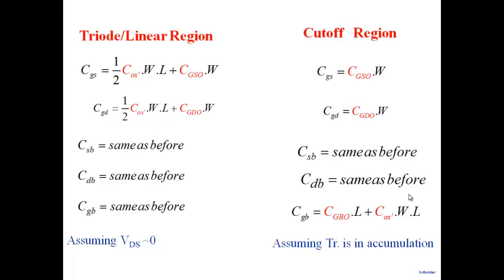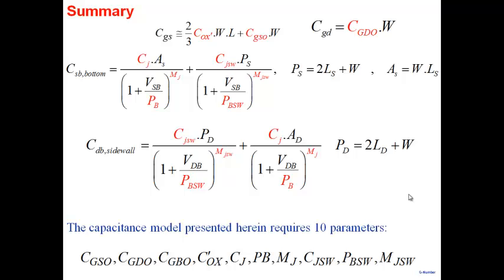Our transistors would be biased in saturation, so we'll use these expressions here. Note that the expressions look complicated, but all that is there is nothing but a PN junction capacitance. If you know a PN junction, it's basically that expression here.